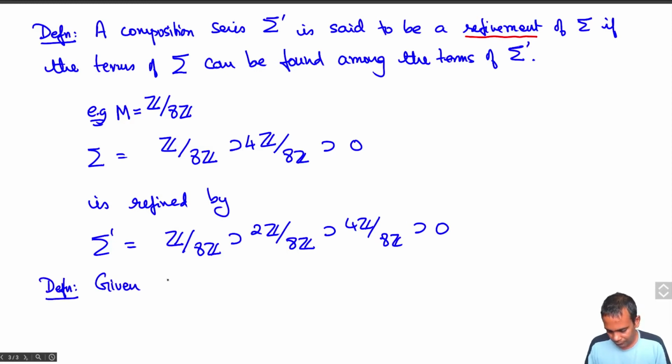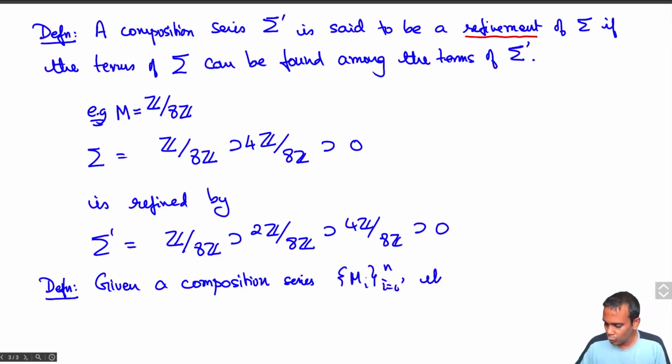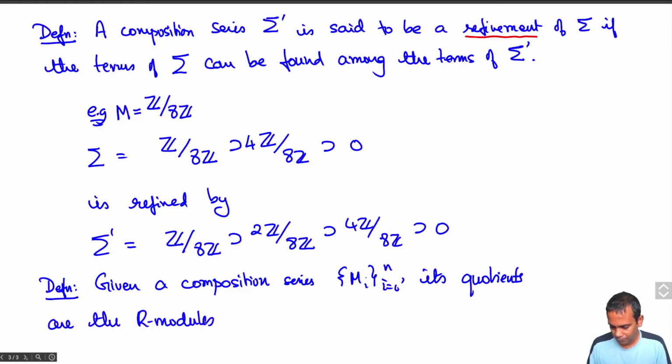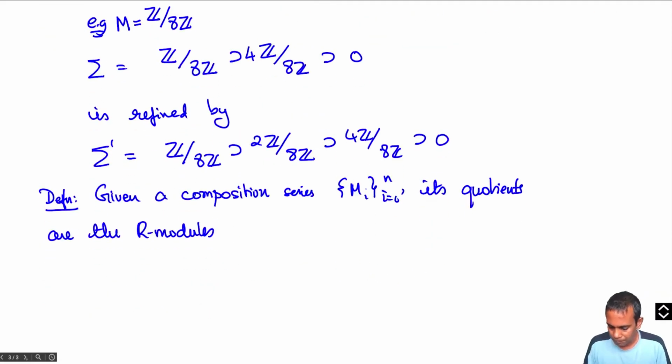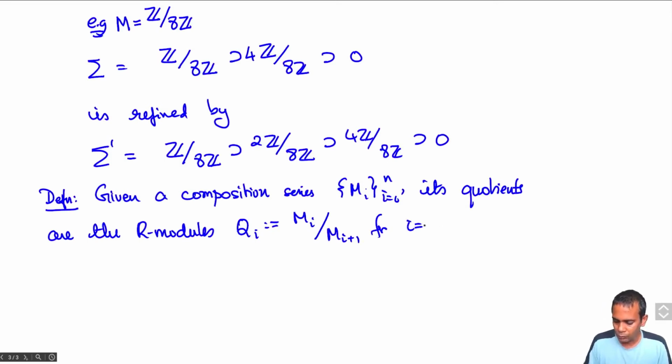Given a composition series, let's say i goes from 0 to n, its quotients are just the R modules Qi defined to be Mi mod Mi plus 1 for i equals 0 up to n minus 1.